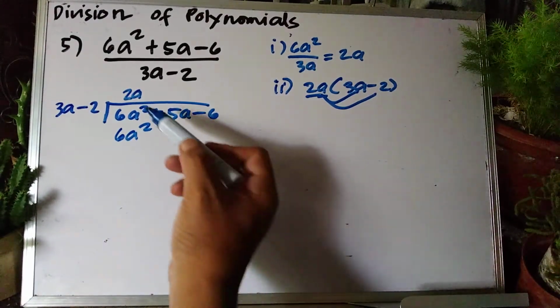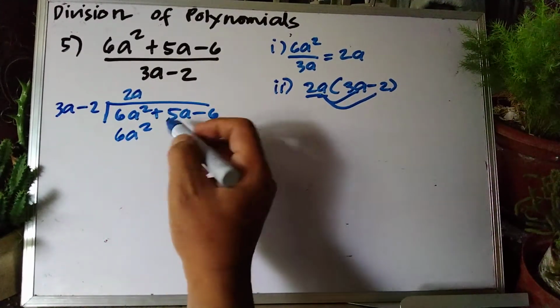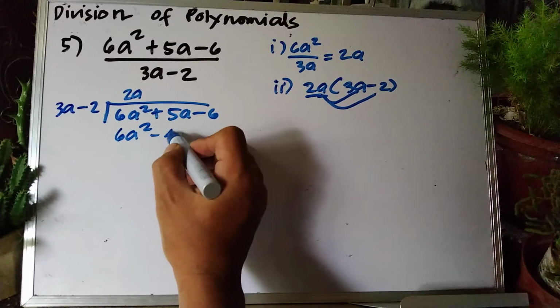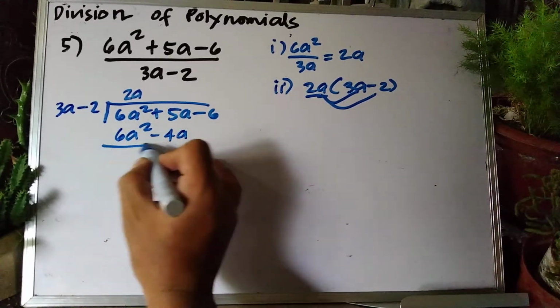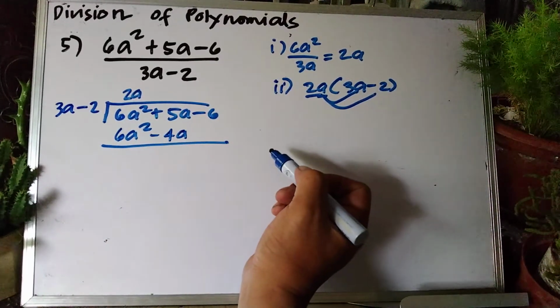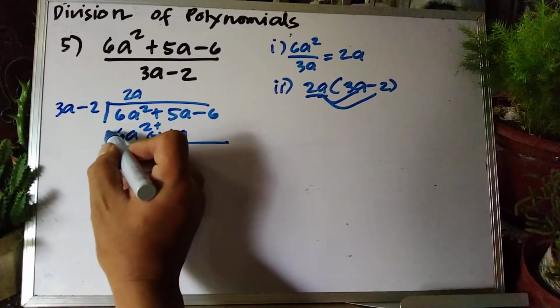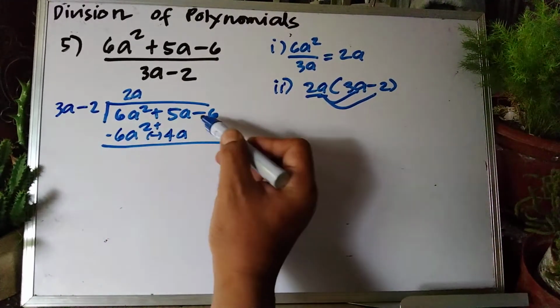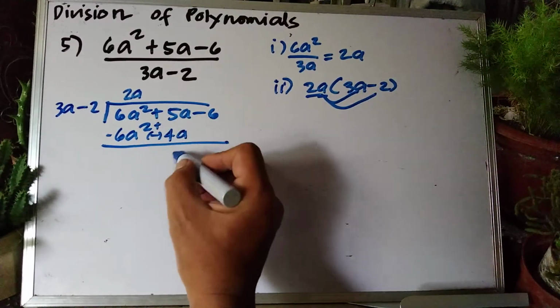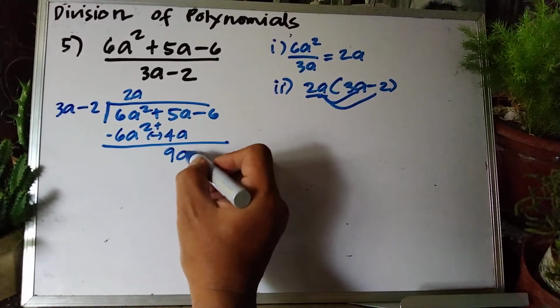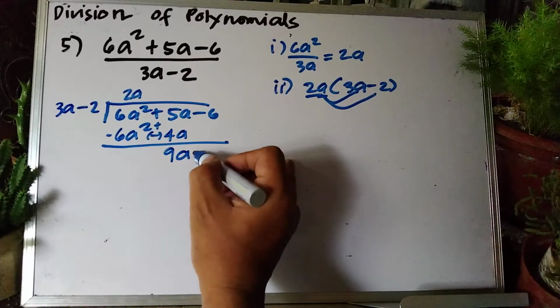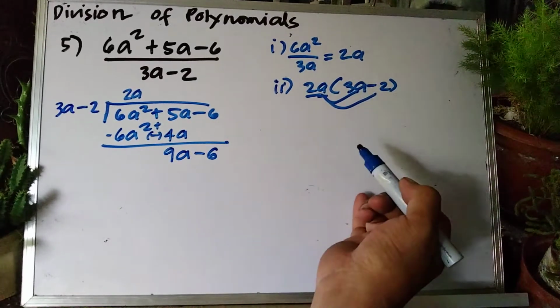Okay? 2a times negative 2, you have negative 4a. Okay? So, okay, subtraction man, ma-change ang sign. This becomes plus, kana minus. So, 0 na siya. So, 5 plus 4, we have 9. Copy the variable a, bring down minus 6.